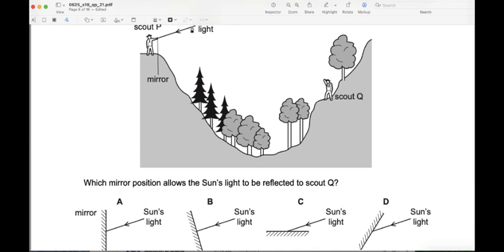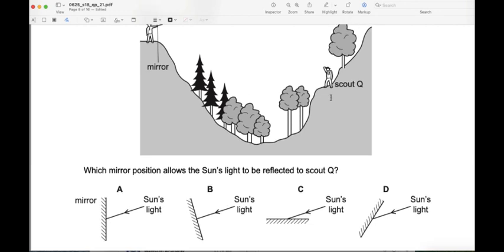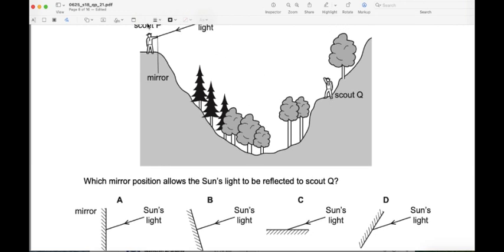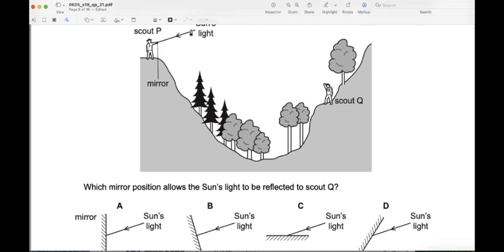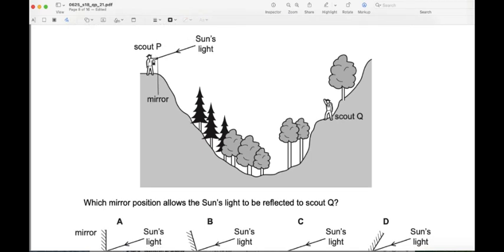The light is coming like this, obviously reflected like this. Okay, I think A is good. Let's look at B. If you make the mirror a bit like this, then the light will go somewhere else. C, if you make the mirror vertical, this ray comes to it, then it will go this other side.